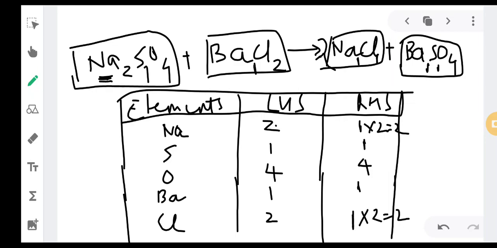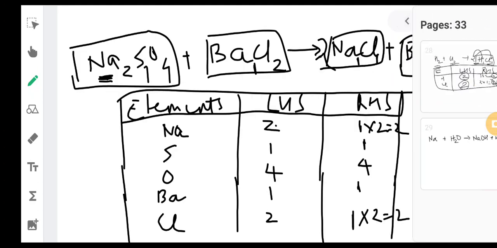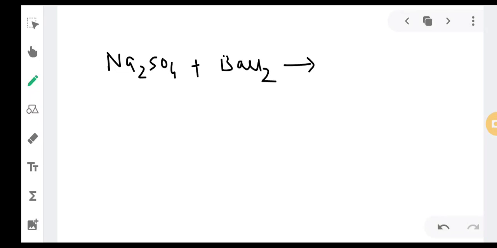So if you check, there are 2 atoms of sodium over here. I will write the equation again. Na2SO4 plus BaCl2 gives you 2NaCl plus BaSO4.